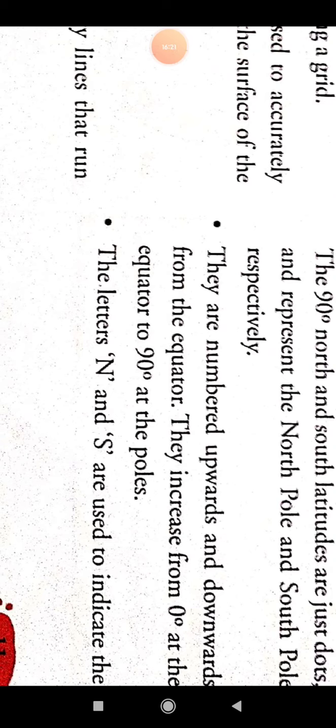The equator has 0 degrees, and as we move towards the pole, the number of degrees increases. Equator 0 degree, then next 10 degree, then 20, then 30, then 40 degree, and near the pole it is 90 degree.